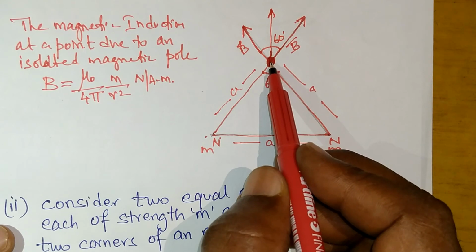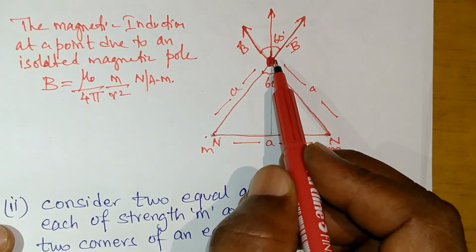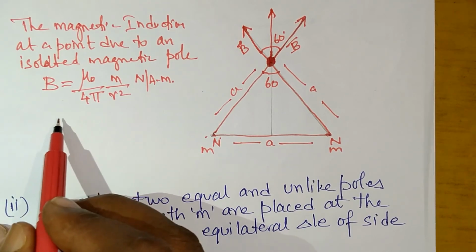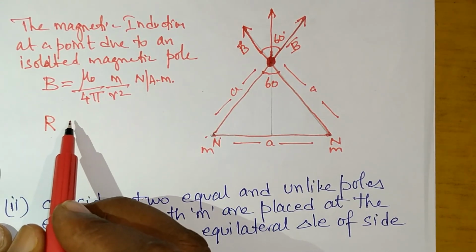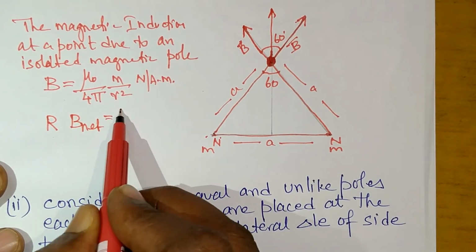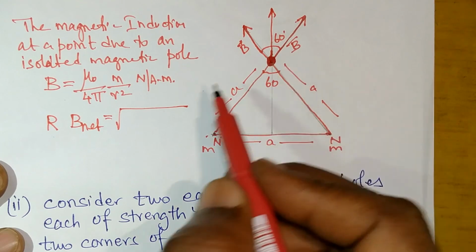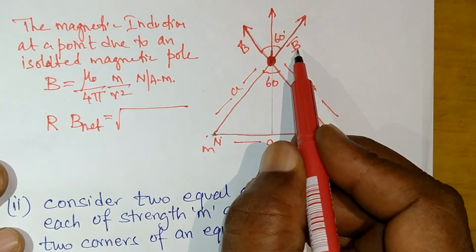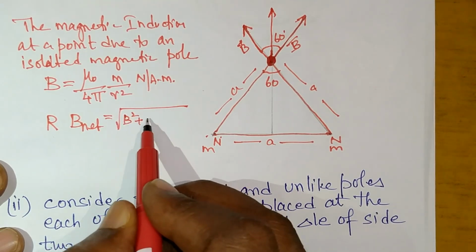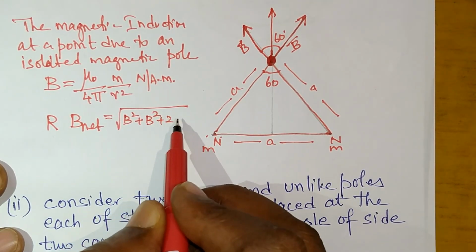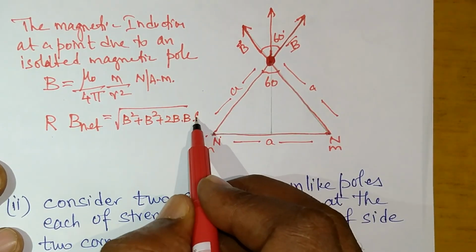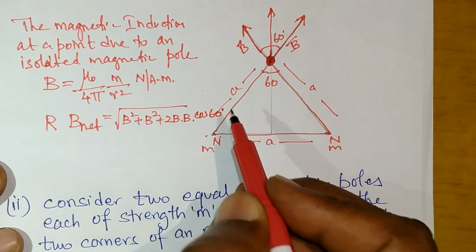Therefore, to find the resultant, we use vector algebra. B net is equal to square root of p square plus q square plus 2pq cos theta. Here it is B square plus B square plus 2B square into cos 60 degrees.